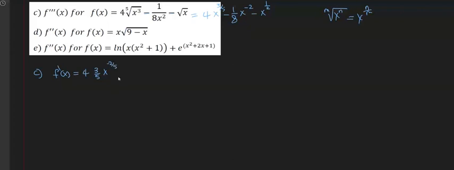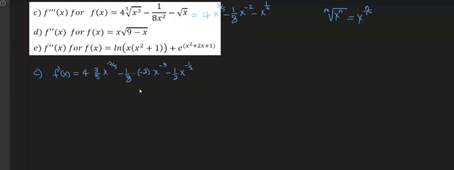And then minus 1 over 8 is the coefficient that drops. Again, we differentiate the x to the power of negative 2 by dropping the power negative 2, and the new power will be negative 2 minus 1, which is minus 3. And then minus and drop the half, and x will be to the power half minus 1, which is negative half.